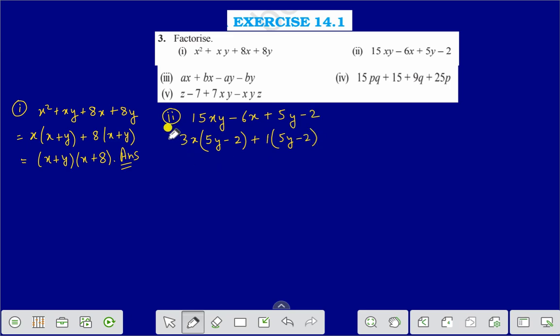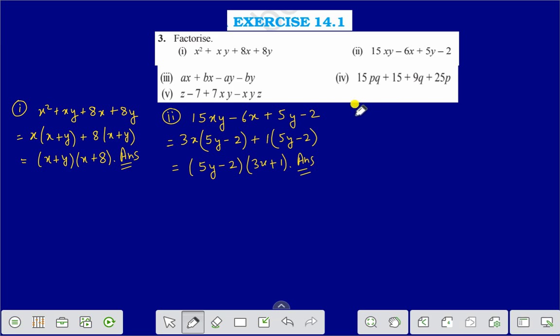Or we take 5y minus 2 as common, then we are getting 3x plus 1, and that is the answer of question number 2. Answer is 5y minus 2 into 3x plus 1.